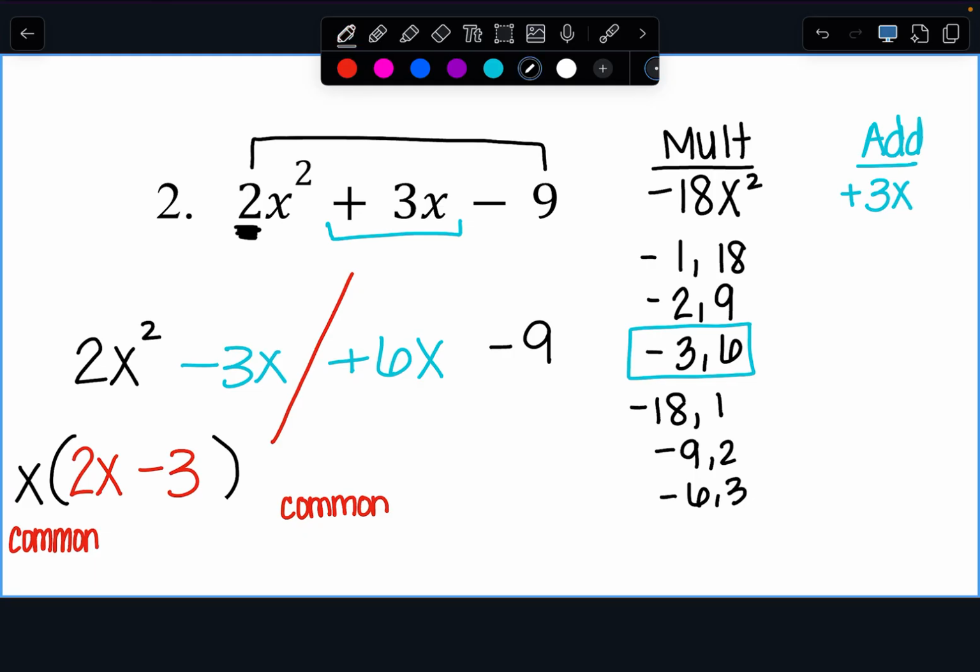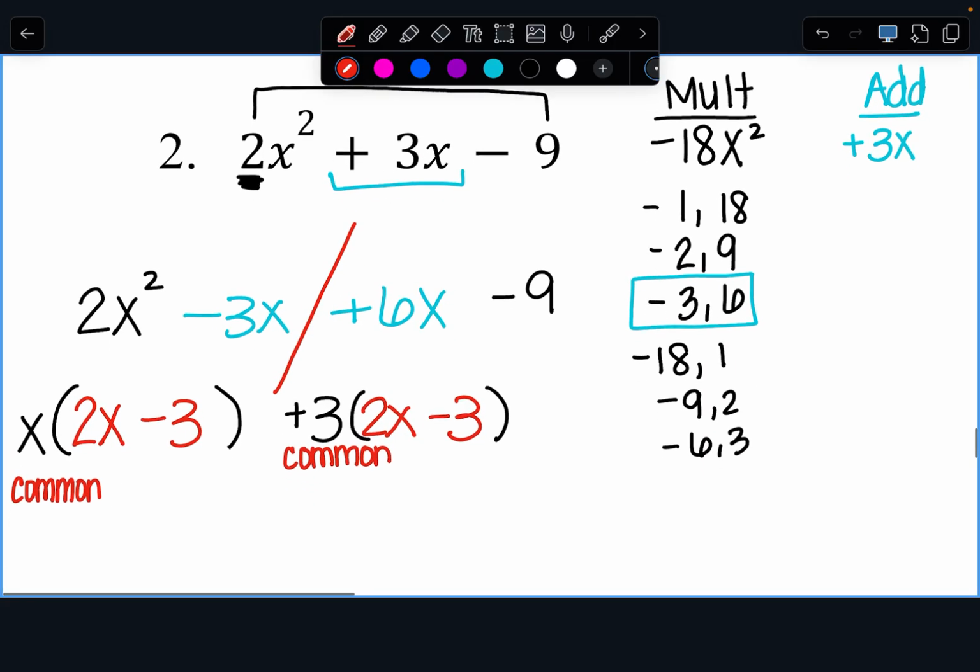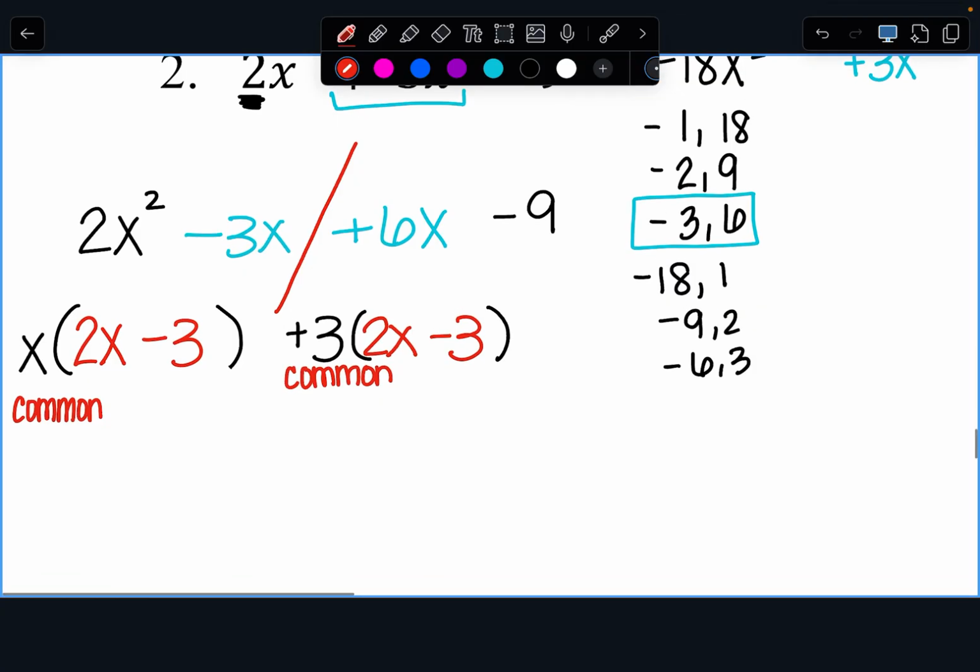They have a positive 3 in common. When we divide by a positive 3, we're left with 2x, oops, wrong color, 2x minus 3. And if we do it correctly, every single time, those parentheses should be the same.